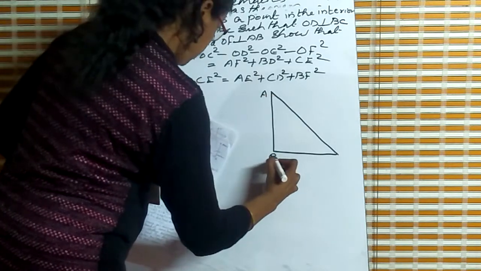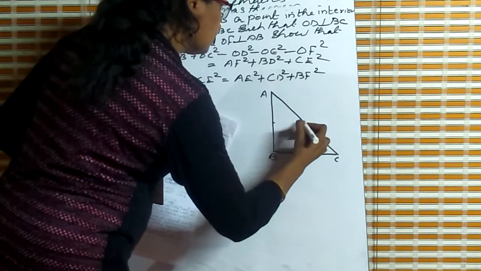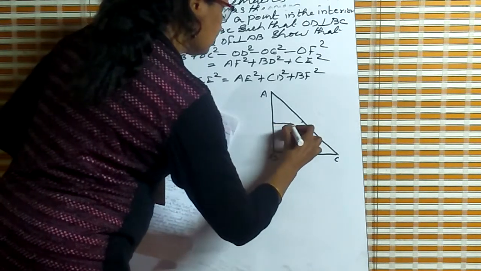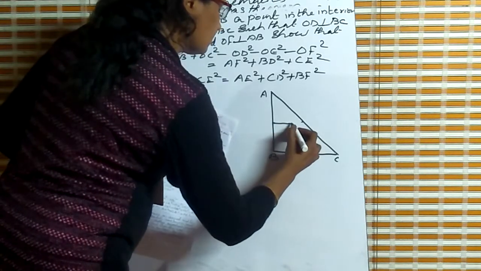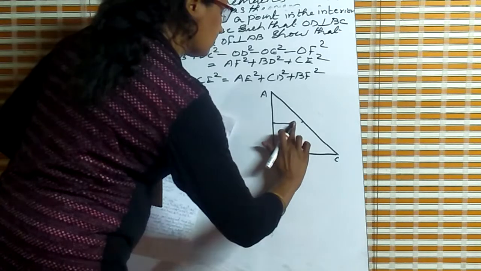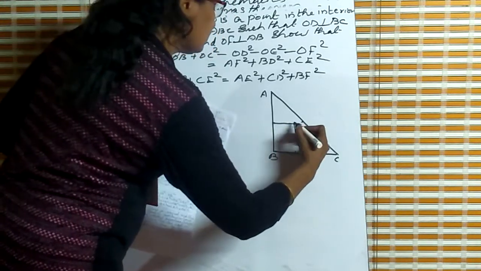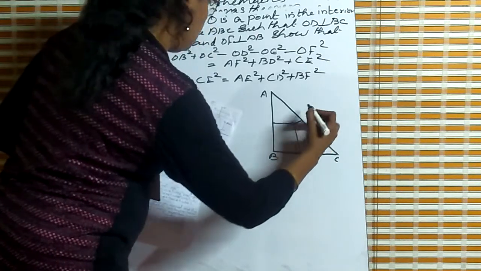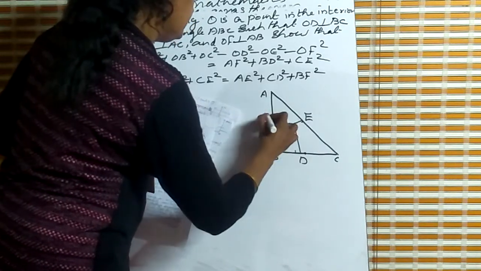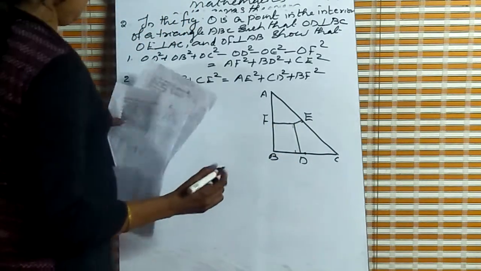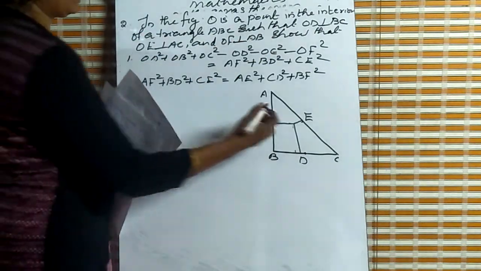A, B, C, D, E, F. Listen, in the figure, O is a point in the interior of a triangle.